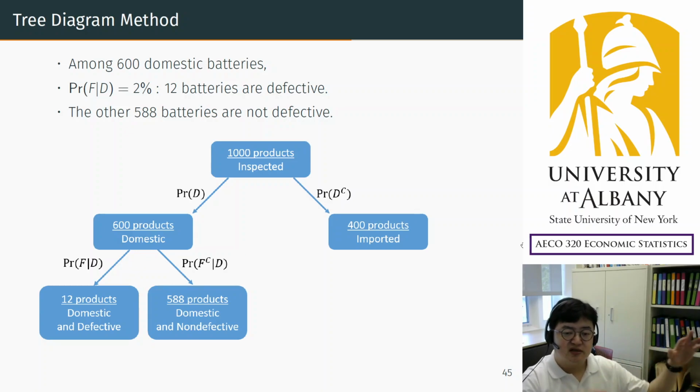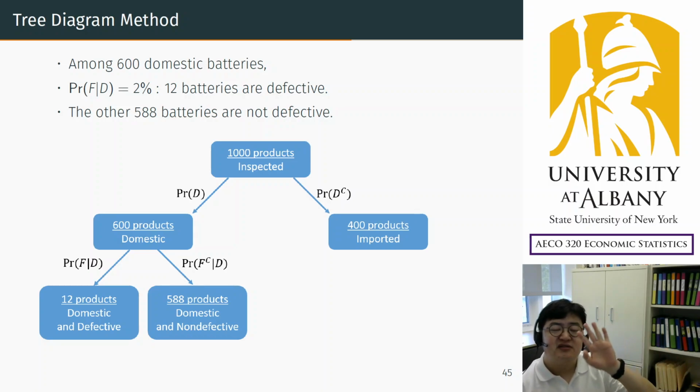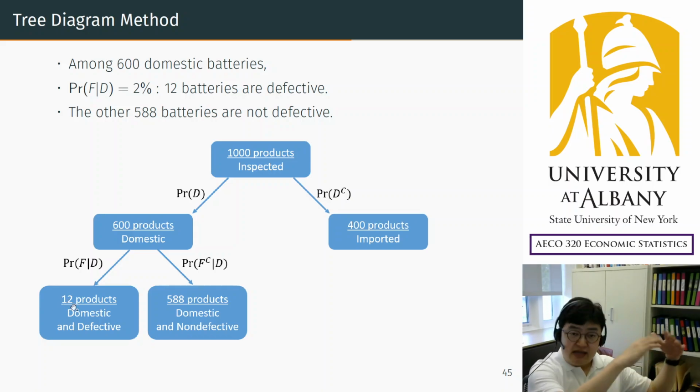So in this classification, we know that 2% of 600 domestic batteries are defective. So there will be 12 batteries that are defective. So 12 out of 600 is 2%. So we get 12 defective domestic batteries. That is the first type, right?